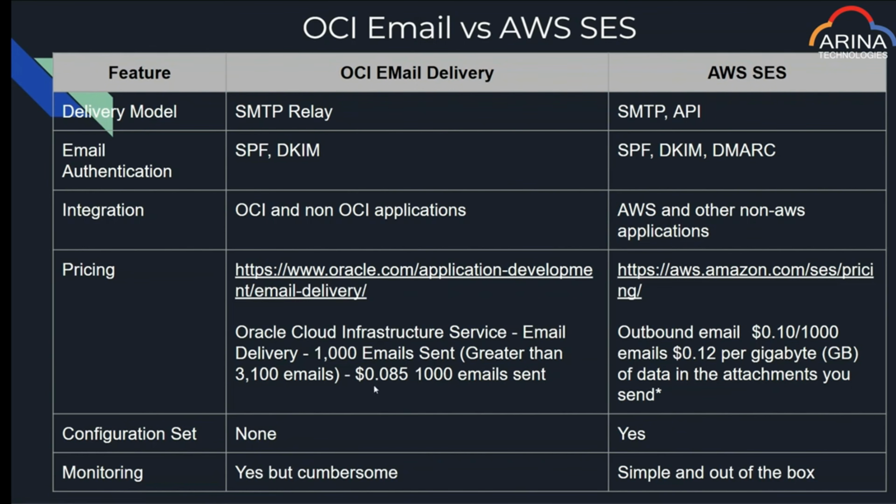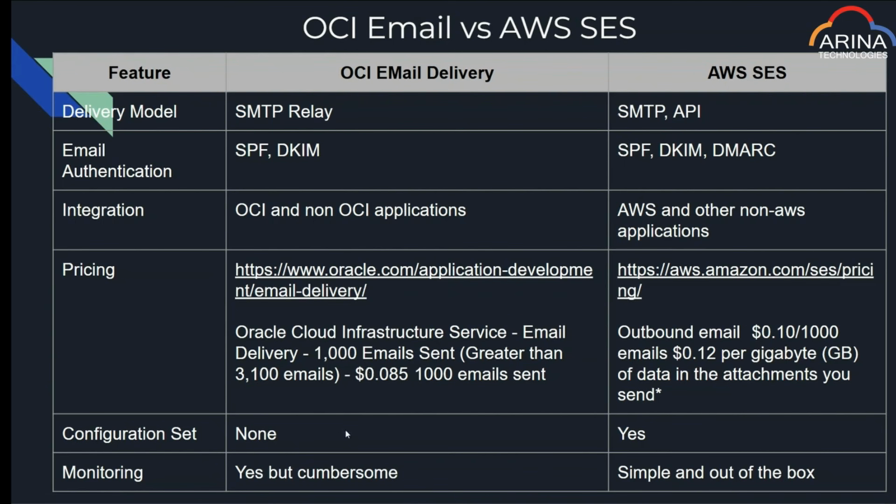Configuration sets provide you the out-of-the-box notification, and I'll show you in the subsequent demo of SES. I'll just quickly show the overview, but it really helps in the monitoring in terms of testing out your emails, something that OCI does not have, but AWS has.